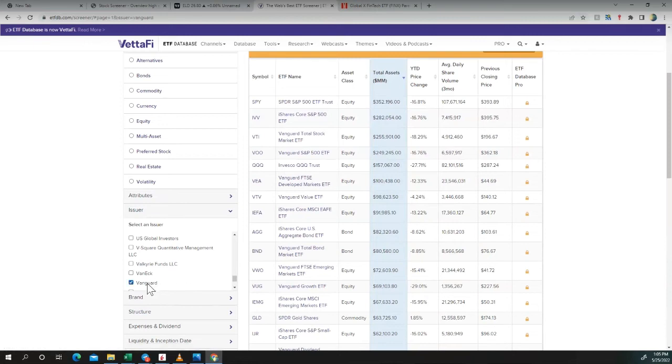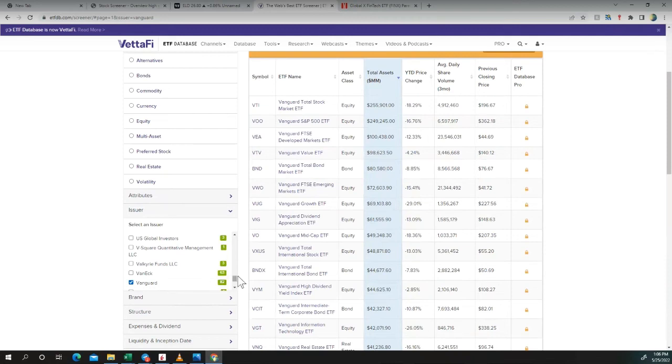So you can specifically filter out all ETFs by Vanguard, and it shows you here they have the total stock market ETF VTI, the S&P 500 ETF VOO, the FTSE Developed Markets ETF, and the total bond ETF BND by Vanguard. So if you are a fan of Vanguard, this would be a way to filter out all those other companies and just leave out Vanguard.